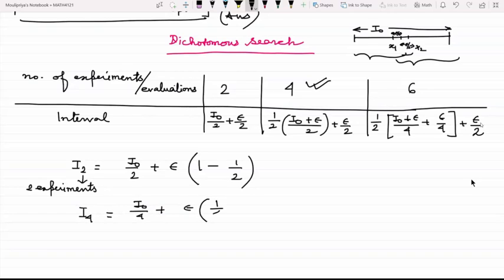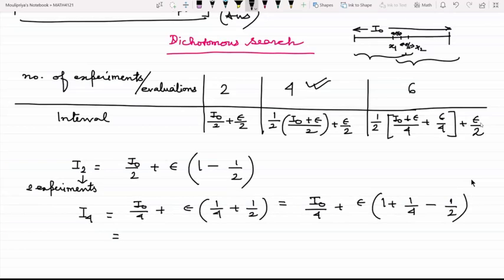This is actually, I can write it like I0 by 4 plus epsilon times 1 plus 1 by 4 minus half. পারি লিখতে? This is equal to I0 by 4 plus epsilon times 1 minus 1 by 4.